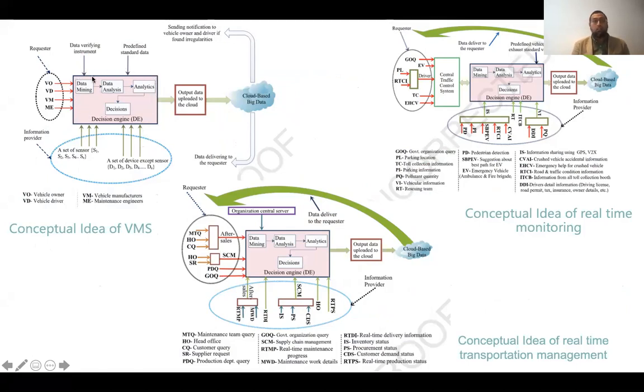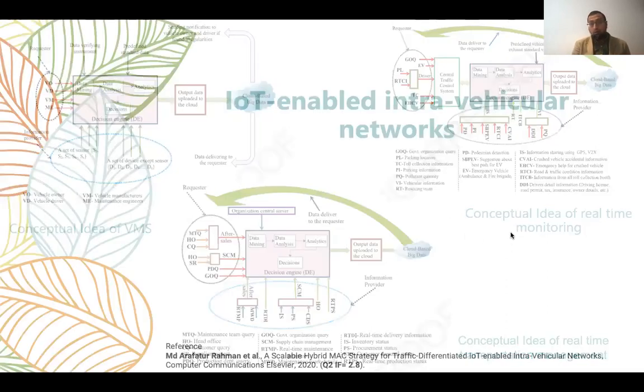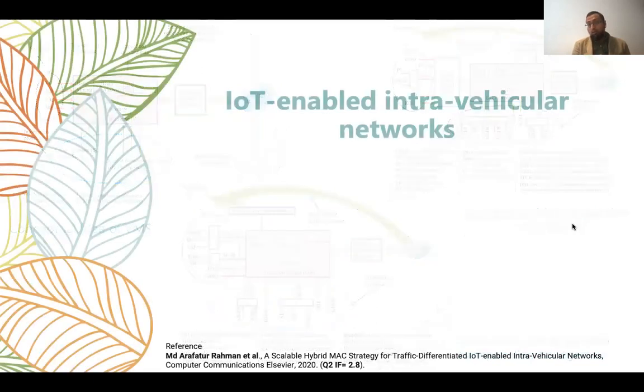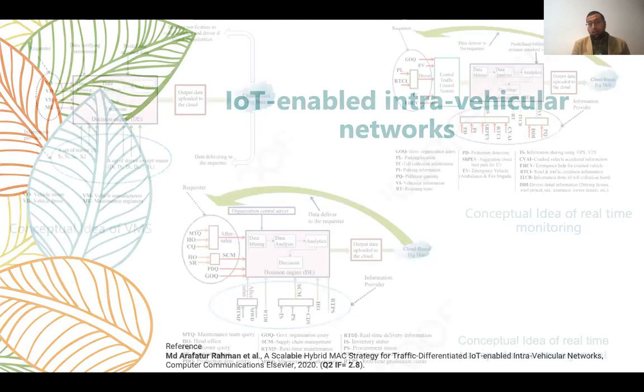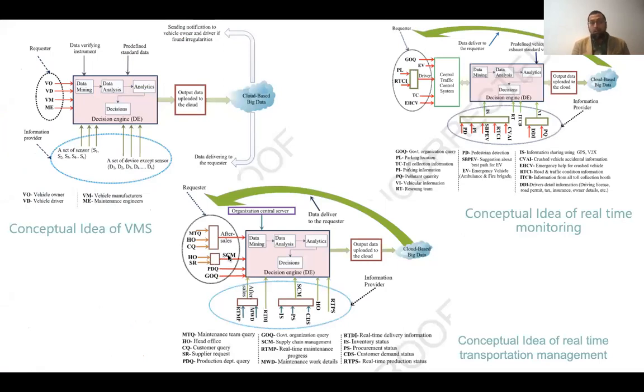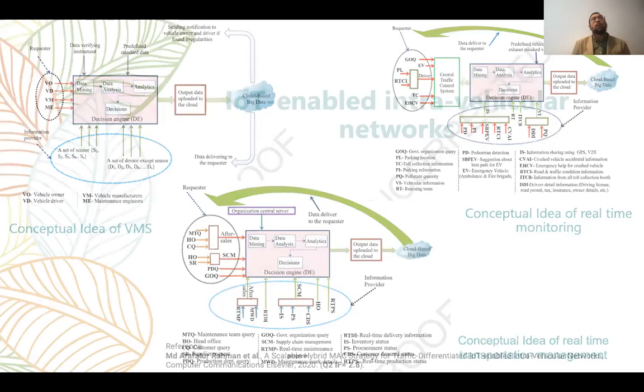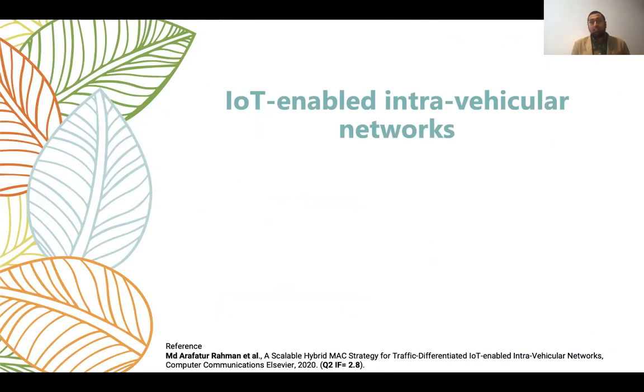This decision engine will analyze and provide some output, and based on that, a lot of services will be provided to the requester. In a similar way, we can also solve real-time monitoring issues, as well as real-time transportation and management systems, where the inputs will vary from different sources. So these are some introductory parts of IoT towards industrial informatics.